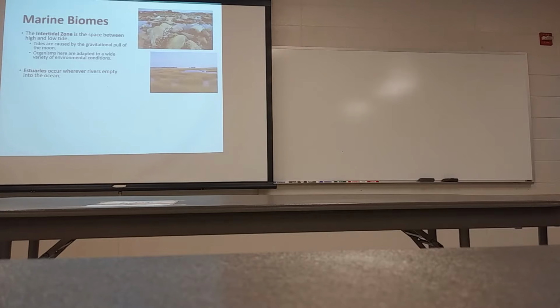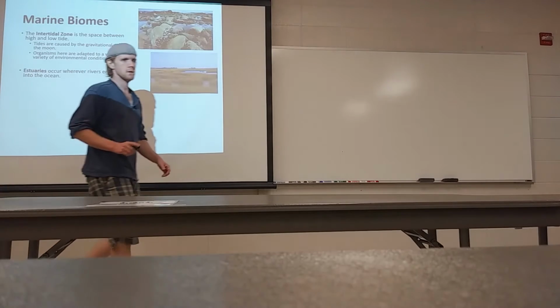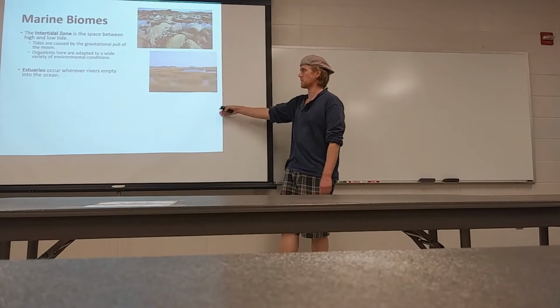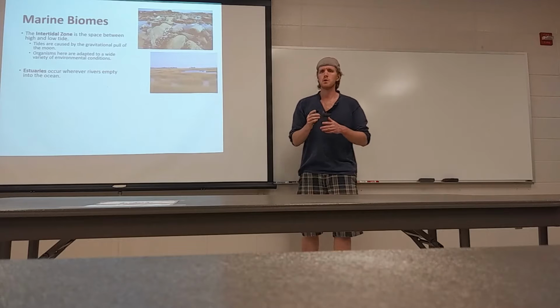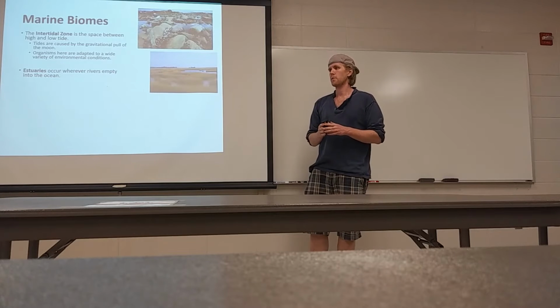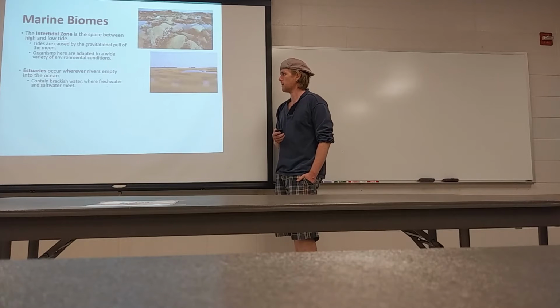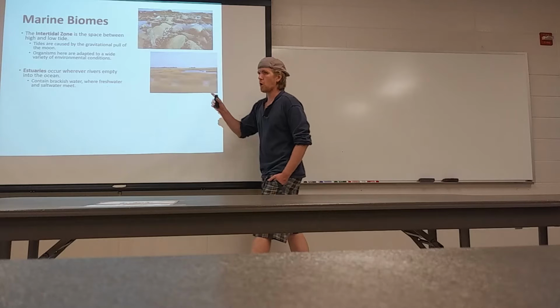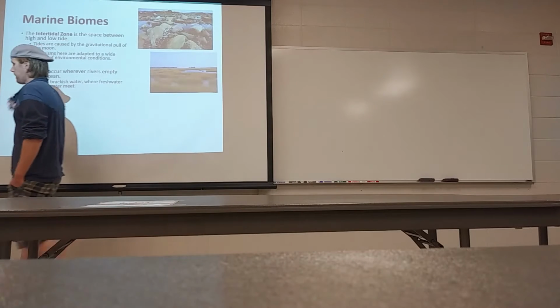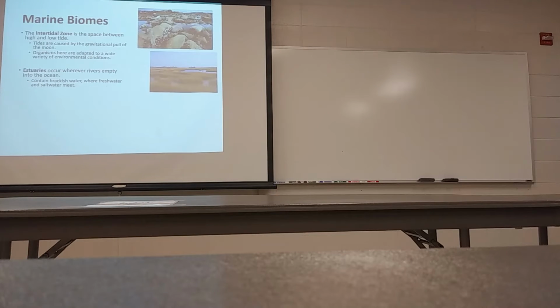Estuaries, these occur where rivers empty into the ocean. The next and last slide for this marine biomes part is going to show you what happens when fresh water coming from a river meets with salty water of the ocean. The term for water that does not have the roughly 35 parts per thousand salinity of ocean water, or the roughly 0 parts per thousand of fresh water, is called brackish water.